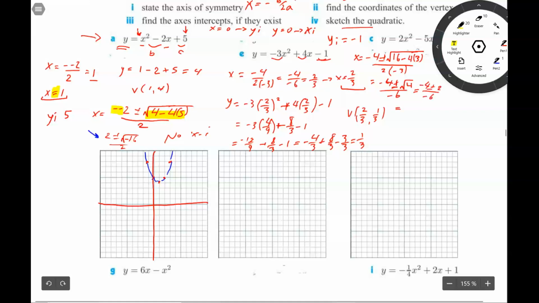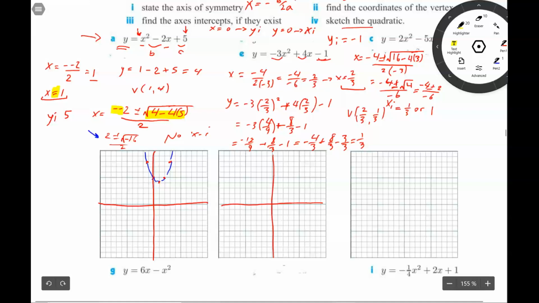So if I do a +2, it would be -2 divided by -6 would be 1/3. Or if I did -2, it would be -6 divided by -6, which would be +1. And so my x-intercepts would be 1/3 or 1. So let's try to draw some of this now.